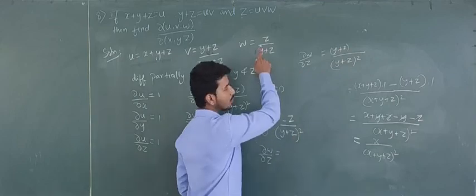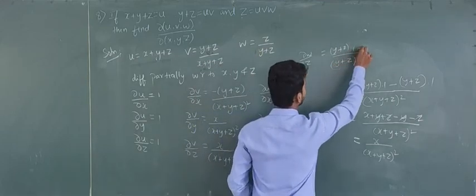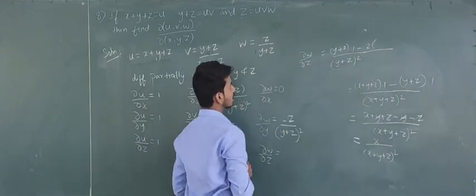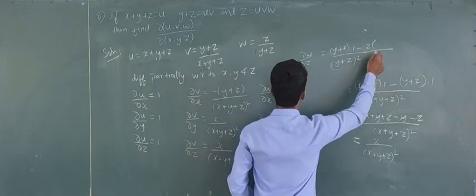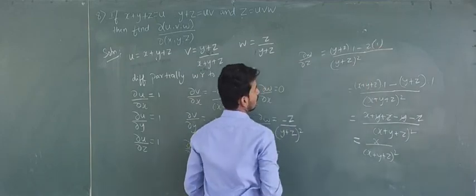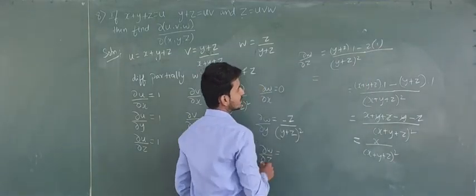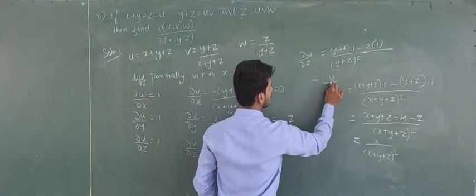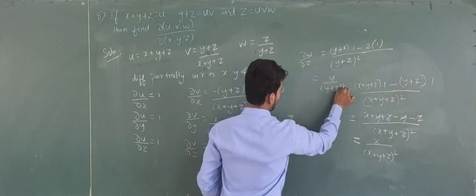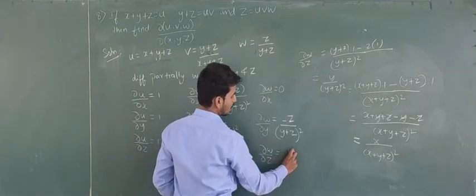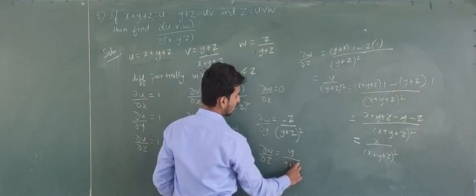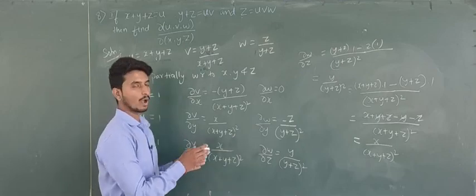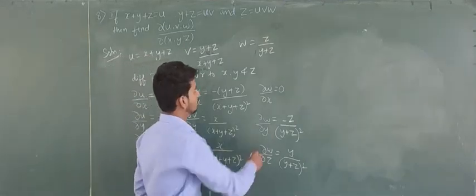Next we differentiate the numerator with respect to z, that is 1, minus we keep the numerator as it is and differentiate the denominator, with respect to z it will be 1. The value is y plus z minus z, plus z minus z get cancelled. The remaining term is y divided by y plus z whole square. Here dou w by dou z is equal to y divided by y plus z whole square.